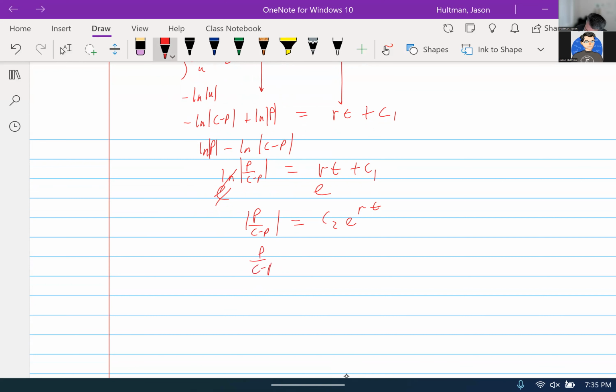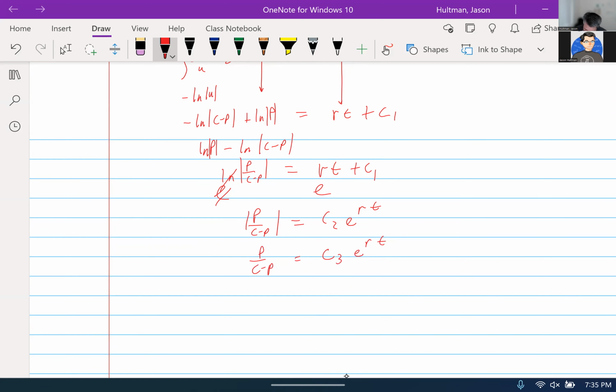So p over c minus p is equal to C. Actually, do I want it to be C? Let's just let it be C3, because I don't want to confuse this C, which is the carrying capacity, with that C3. So e to the rt.